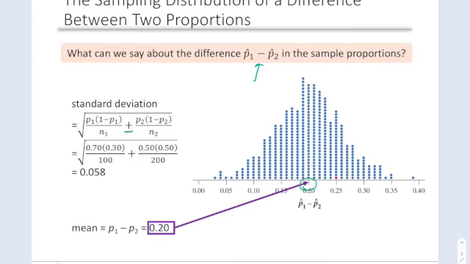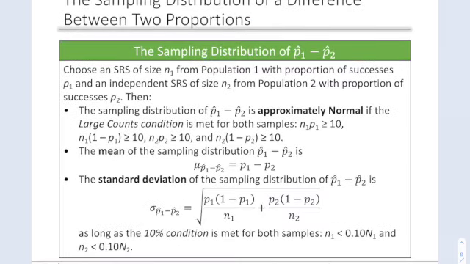And look at the mean of this difference. It is 0.2. Remember, p sub 1 was 0.7 and p sub 2 was 0.5. Well, what's the difference between these two? 0.2. So what does that mean for us? It means that the sampling distribution of the difference is approximately normal if the large counts condition is met for both.